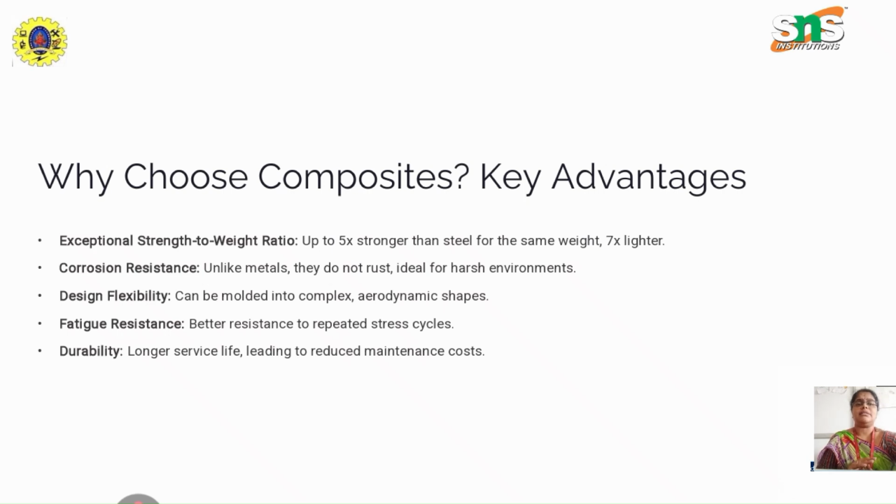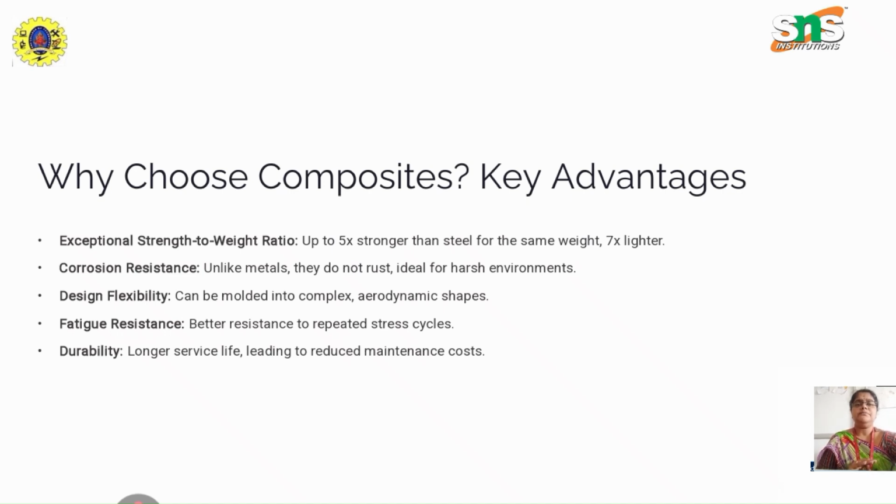Unlike metals, they do not rust. It's ideal for harsh environments, so this is a great advantage. Corrosion gives you material loss and it also costs a lot, so when a material is corrosion resistant, of course it's a good material.